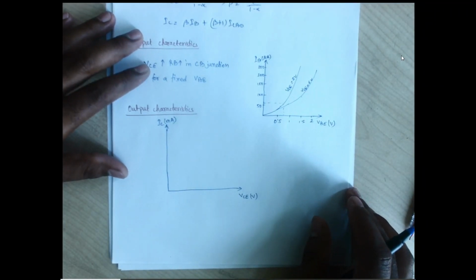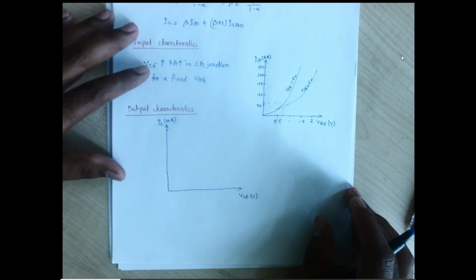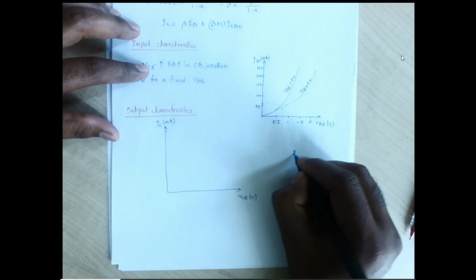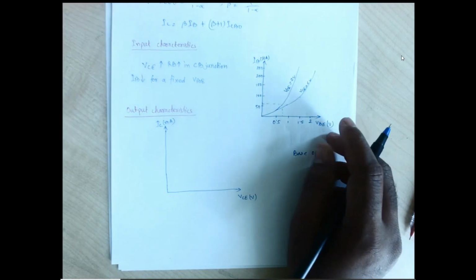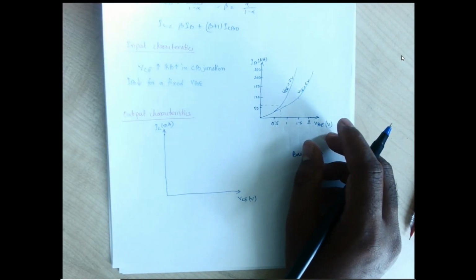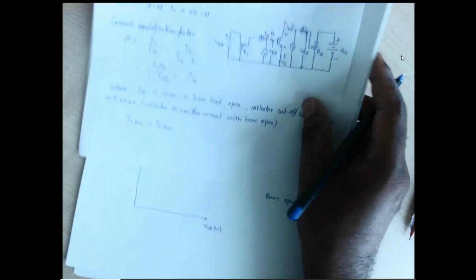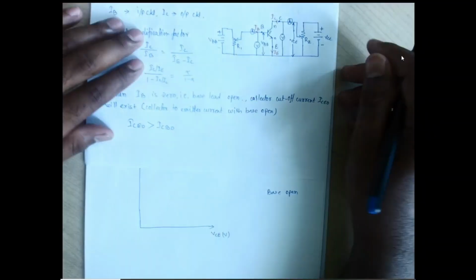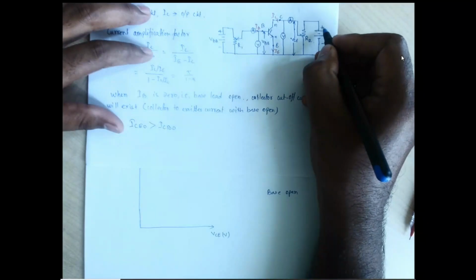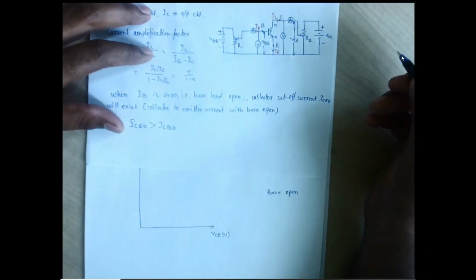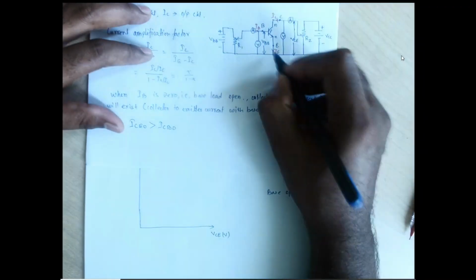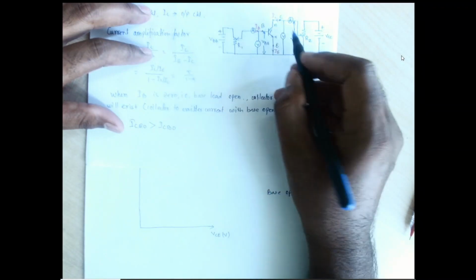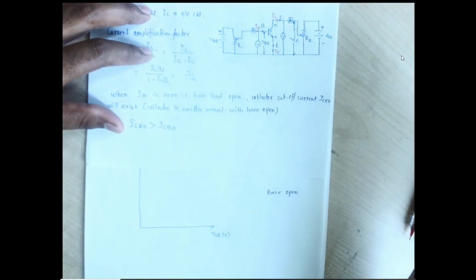Now when IB was 0, what we said earlier is that if IB is 0, or if the base is open, that means VBE is 0. So what will happen when the base is open and we apply VCE? The positive is connected with the collector, negative is connected with the emitter. The emitter has charge carriers, but as the base is open, we can't assure that forward bias has been applied across the emitter base junction.